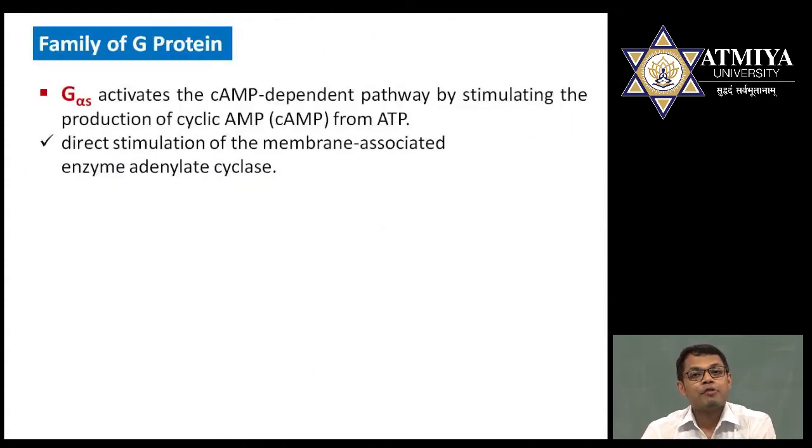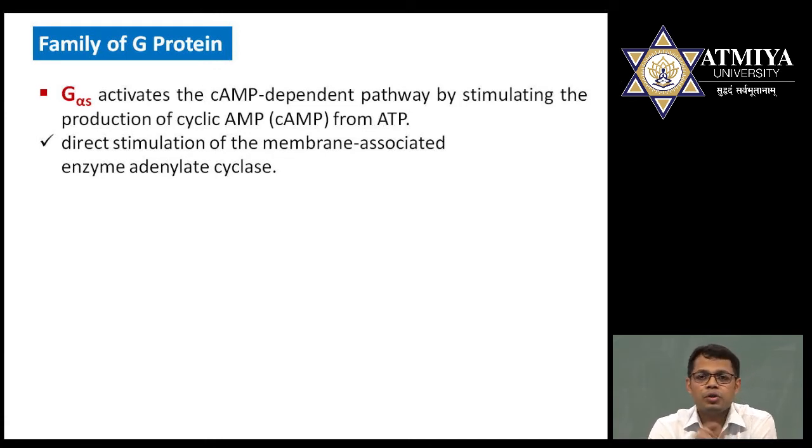Now next, the family of G protein. G proteins have certain family members. Whatever I explained here is G alpha stimulatory. In the G protein, beta gamma is a separate part, but the major part responsible for activation is G alpha. G alpha has 4 types. The first one, which I have already explained and which is more familiar, is stimulatory.